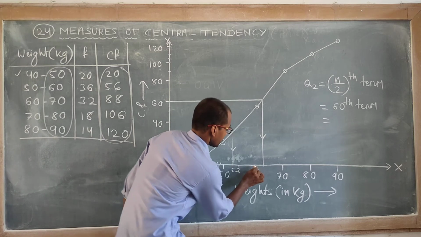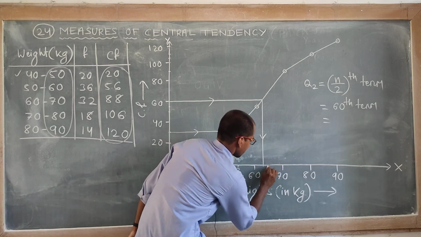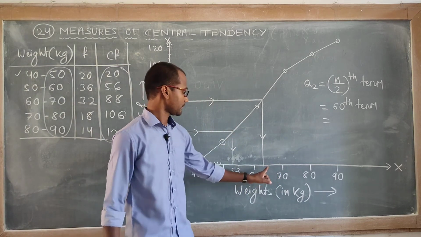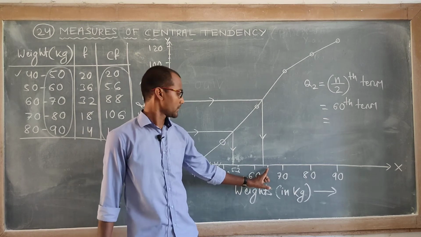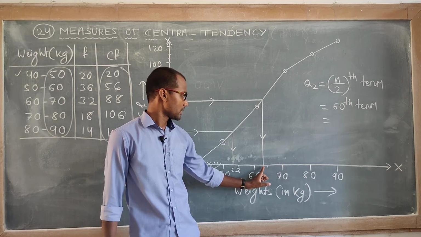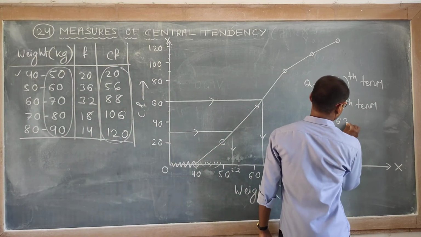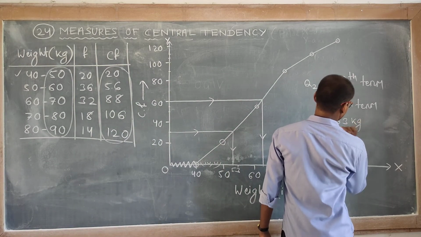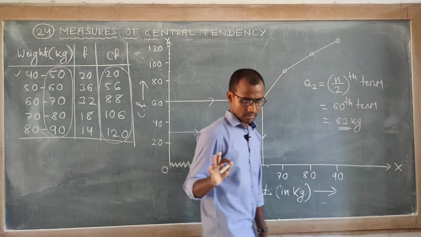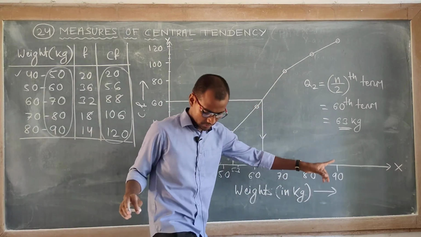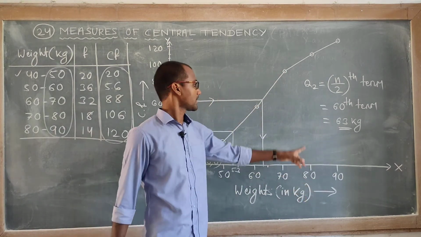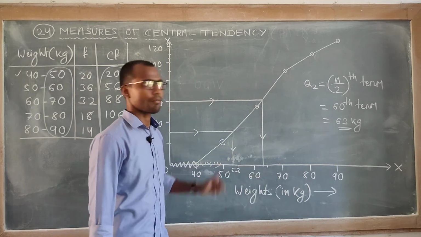This is 60, this is 70, so this is 65. So this must be 63. So the median weight is 63 kg.